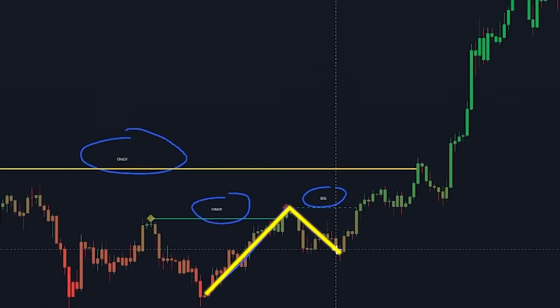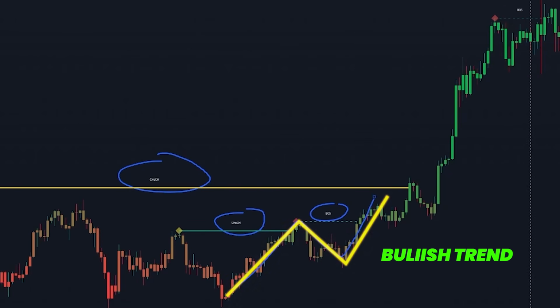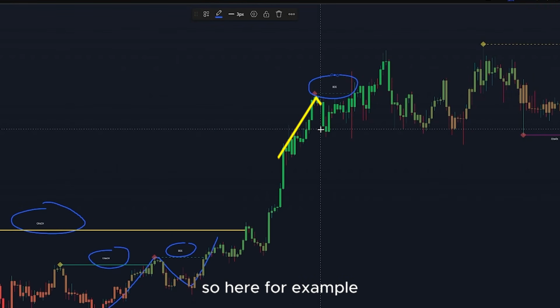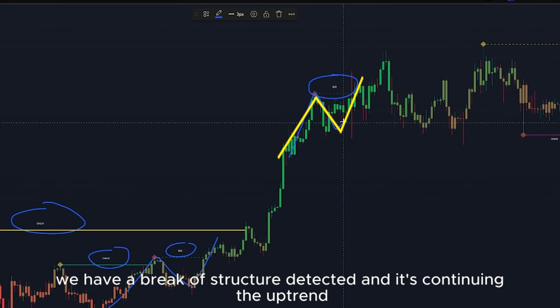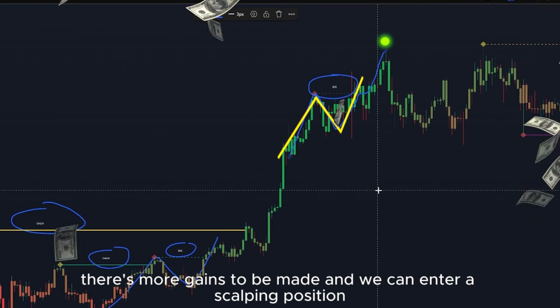Then we see a bullish break of structure, and this means we have broken the previous high, which means we have broken out of the previous structure, and this is a continuation pattern. So here, for example, we have a break of structure detected, and it's continuing the uptrend. And when we break through, there's more gains to be made, and we can enter a scalping position.